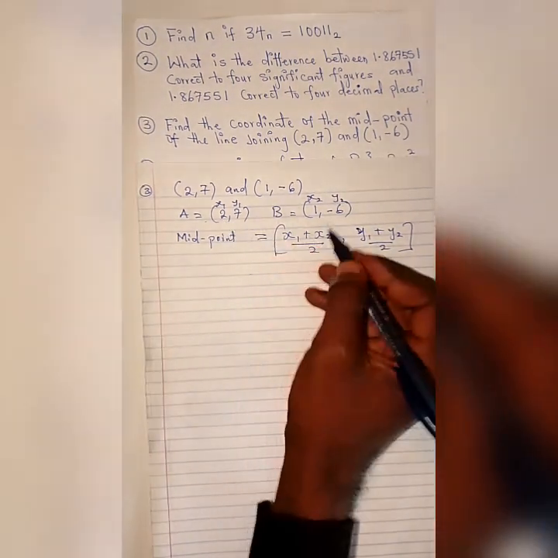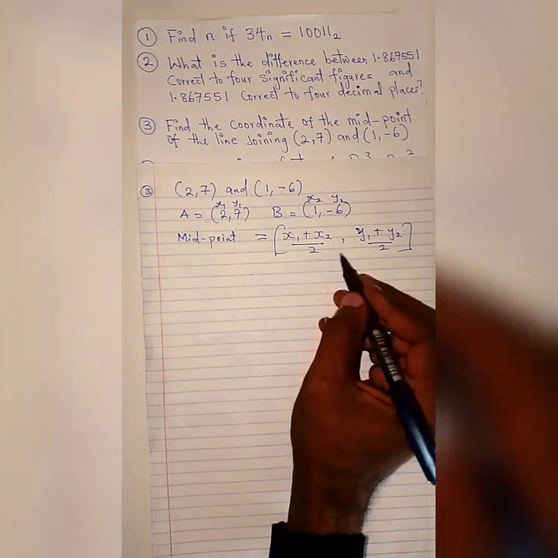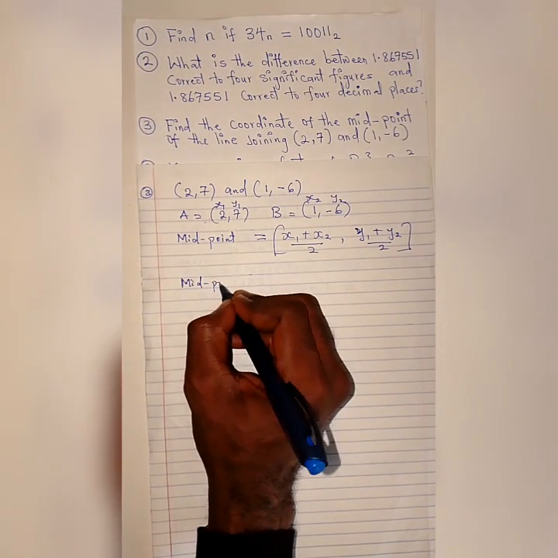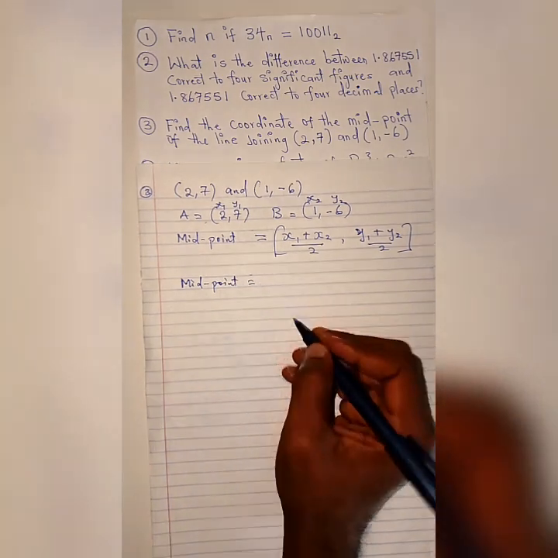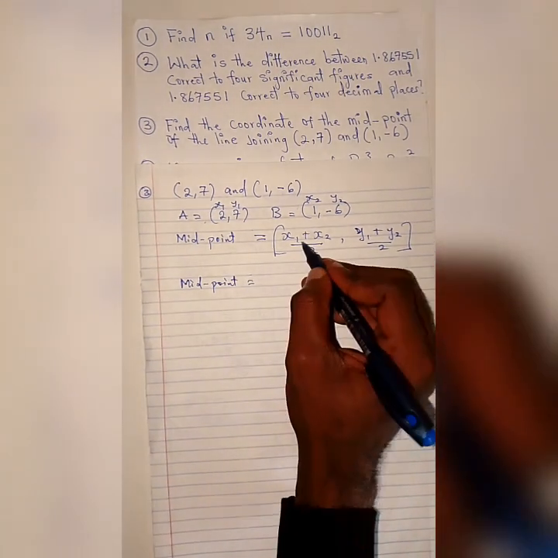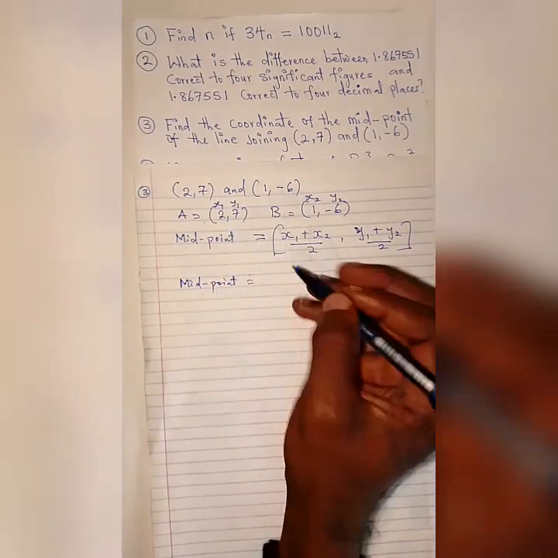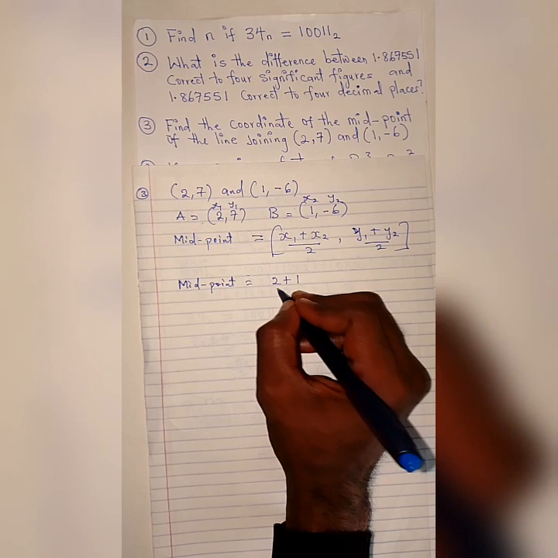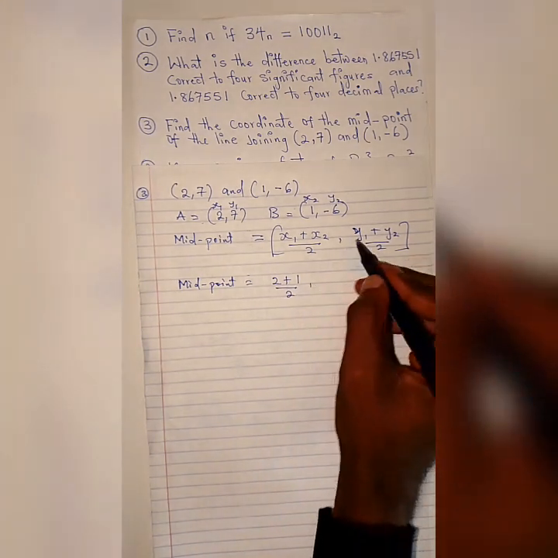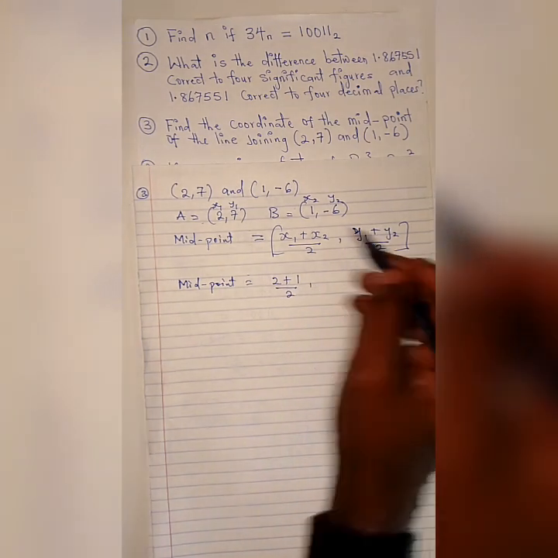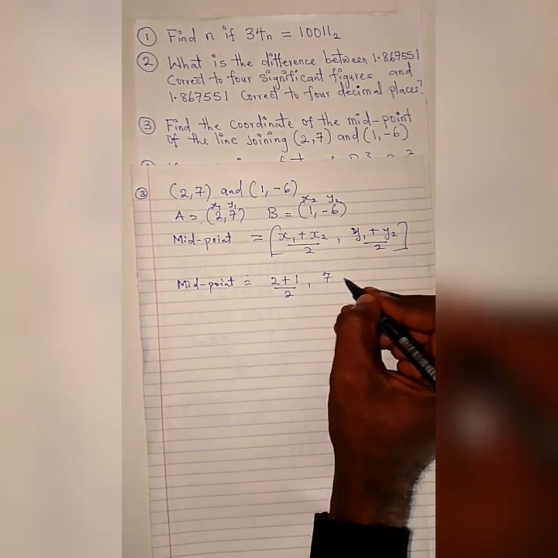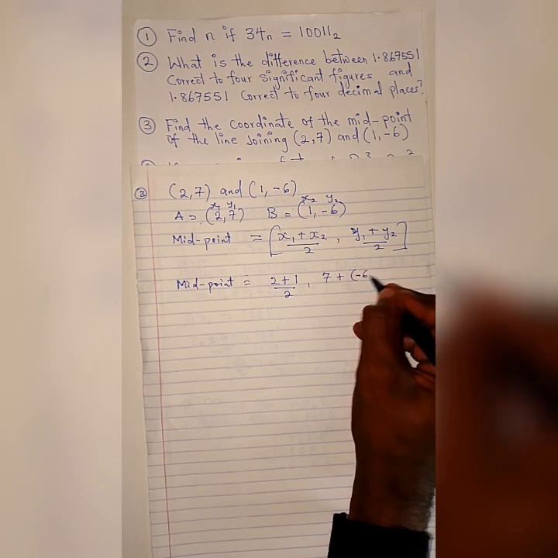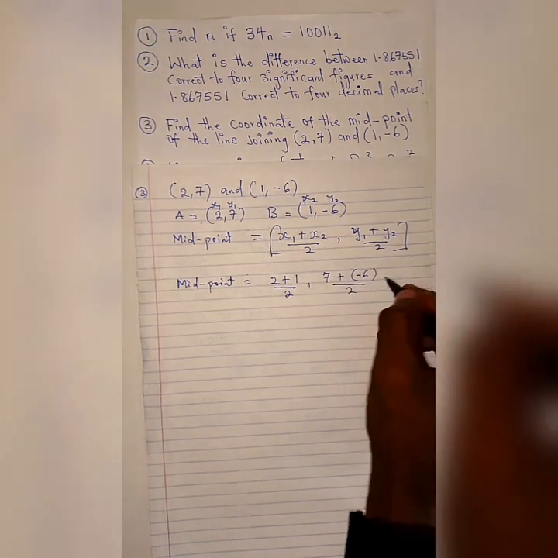So now if we plug in these values to this formula here, we are going to have the midpoint as x1 plus x2. x1 is 2 plus x2 is 1, then all over 2. y1 is 7 plus y2 is minus 6 all over 2.